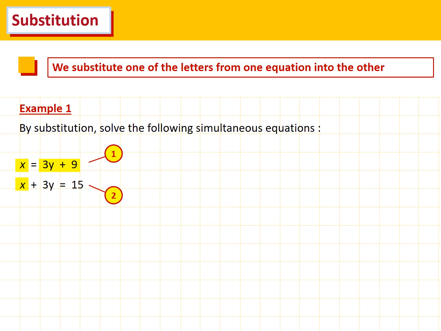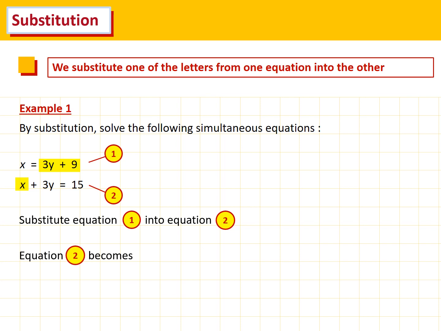So we're going to be substituting the x in the second equation with 3y plus 9, which means equation 2 will become not x plus 3y equals 15, but we're going to replace that x with 3y plus 9.